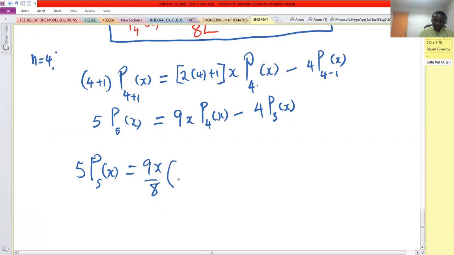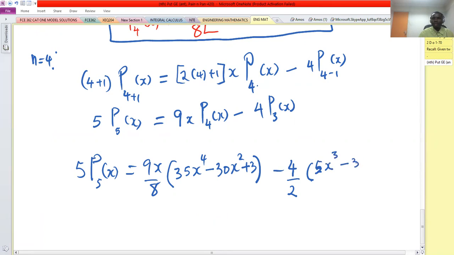So P4, I had 35x to the power 4 minus 30x squared, and then plus 3, minus 4. And then P3, I had a half, so I can put out 2 into 5x cubed minus 3x.